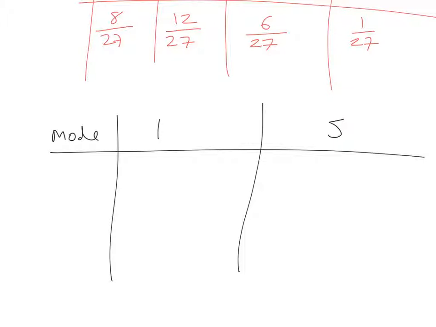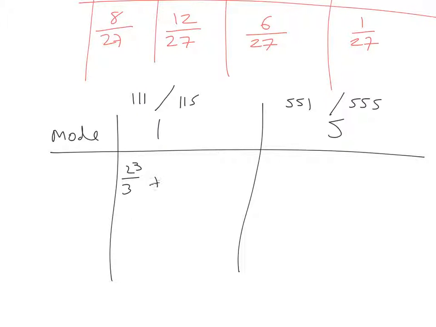Now for this one it was either 1, 1, 1, or it was 2 1s and a 5. And for the 5s, the samples with a mode of 5, it was 2 5s and a 1, or 3 5s. So we need to calculate the probability of each of those happening. Well, 3 1s was 2/3 to the power of 3.